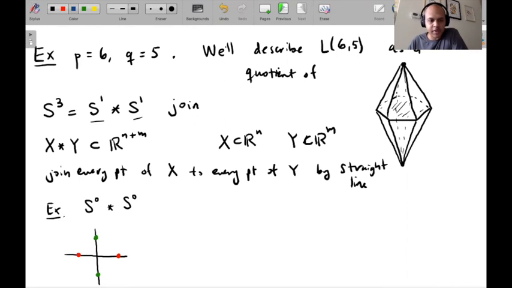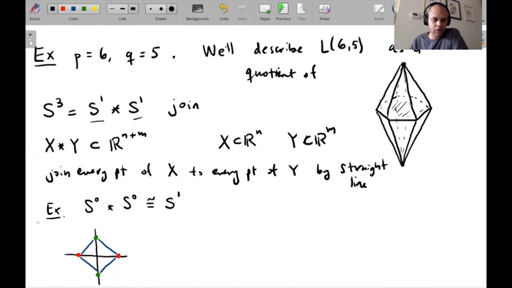By definition, I'm supposed to add a line joining every pair of a red point to a green point, of my red zero sphere to my green zero sphere. And that's this picture. What is this space? This is topologically equivalent to the circle.